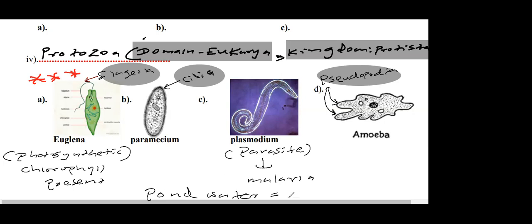You can also use hay extract. You can observe them under a microscope. They are visible under a light microscope. There's a practical using hay extract to observe these 3 groups under a light microscope.